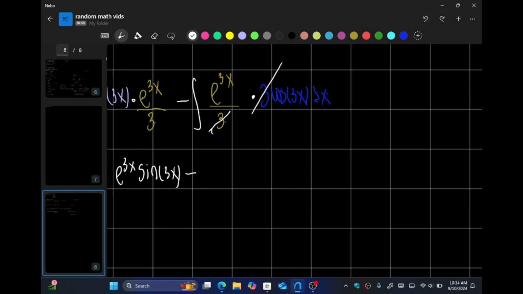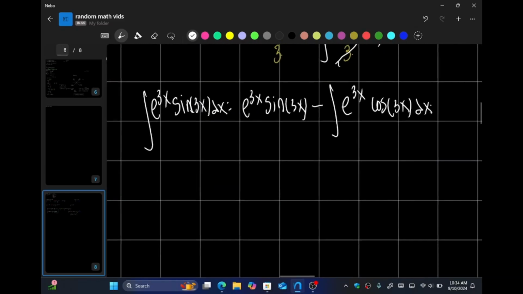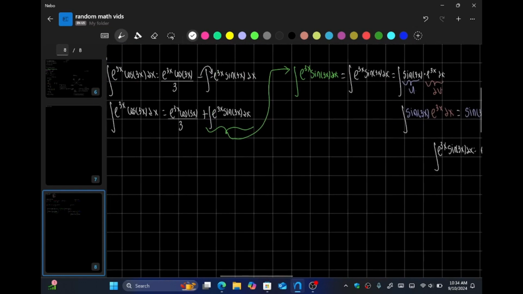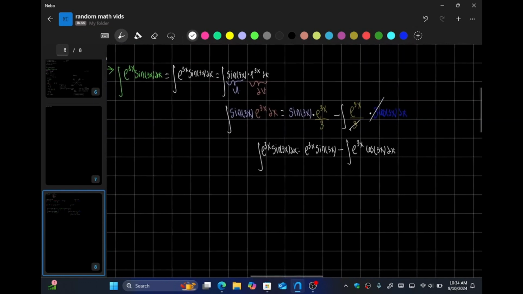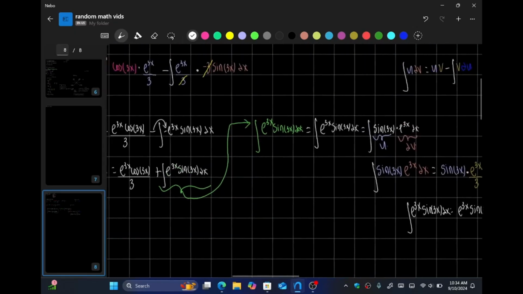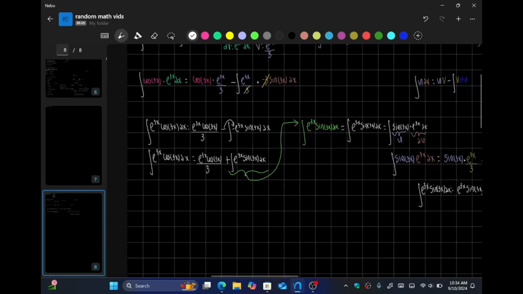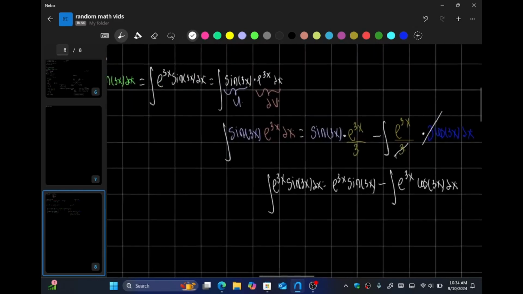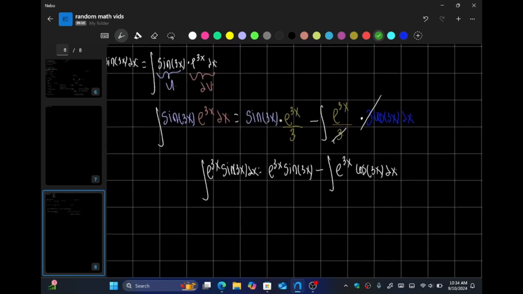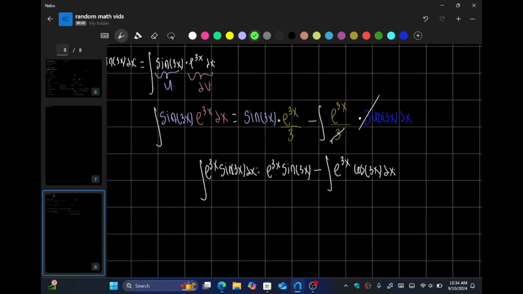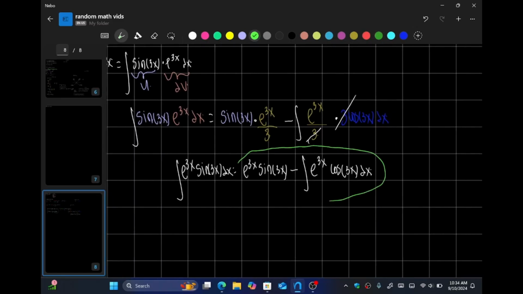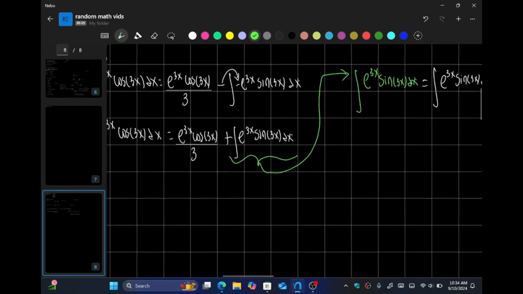So it's going to go minus integral of e to the 3x cosine 3x dx. So this entire thing, guys, is going to go in. We're going to go ahead and say the following. This entire thing right here is going to go in for this integral.